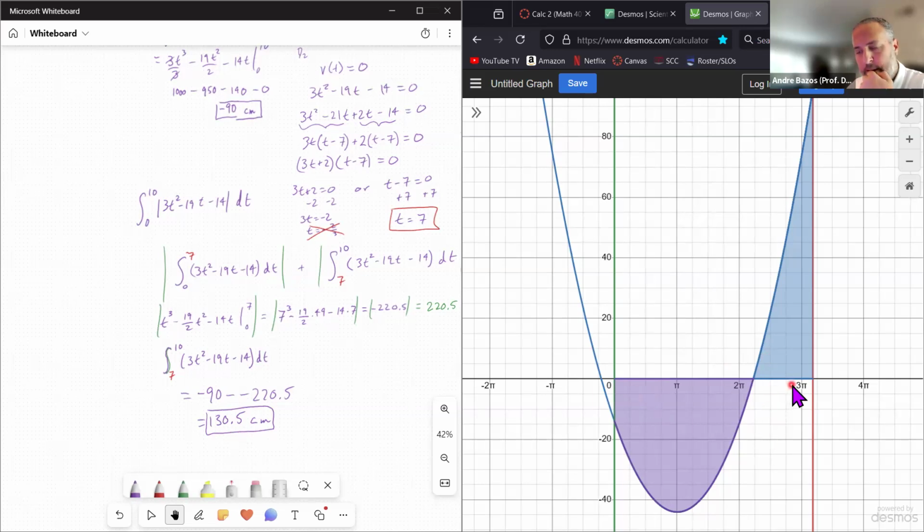Total is negative 90. This area, did we not find this area? Subtract and we get a difference of that.